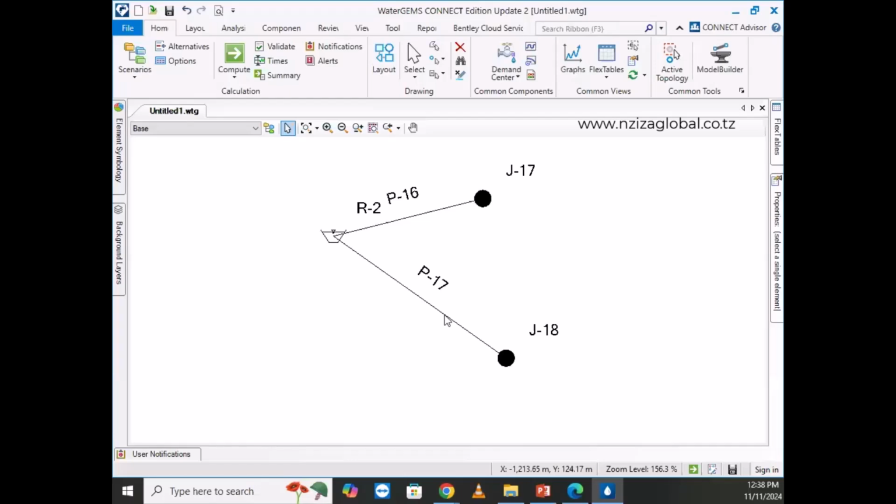It's not validating because there are some properties of that. Only one pipe.